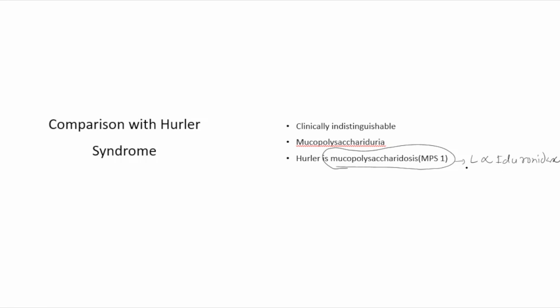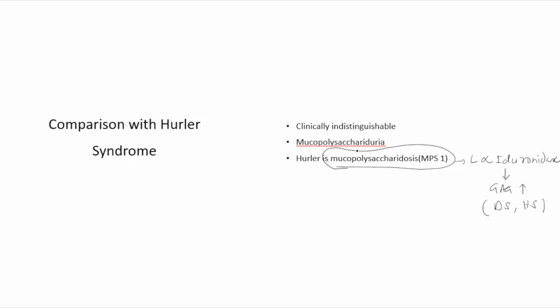This is the enzyme that is defective, and because of this enzyme defect there is accumulation of glycosaminoglycans such as dermatan sulfate and heparan sulfate. These materials will accumulate in blood and urine. There is increased excretion of glycosaminoglycans in urine, or presence of mucopolysacchariduria.